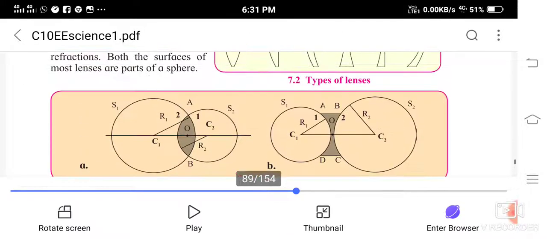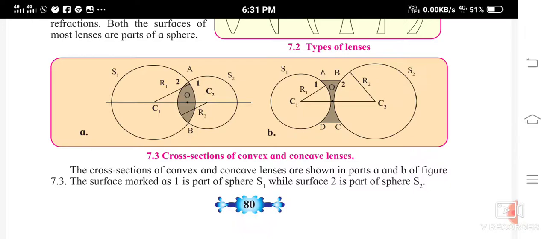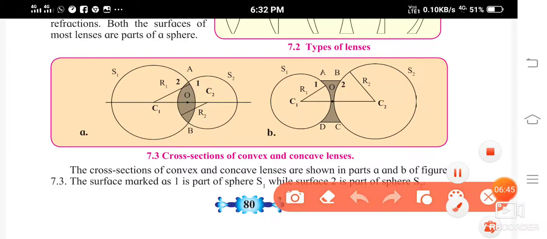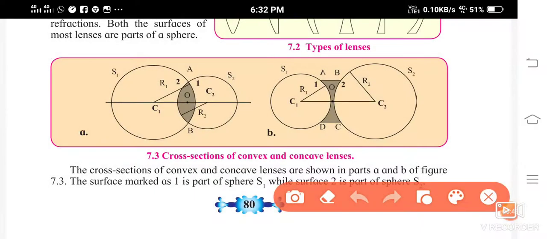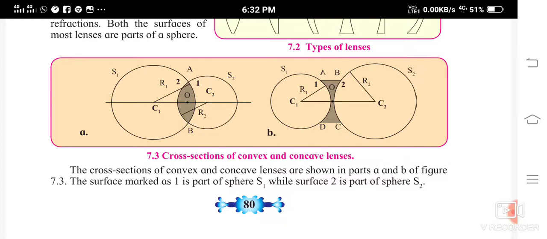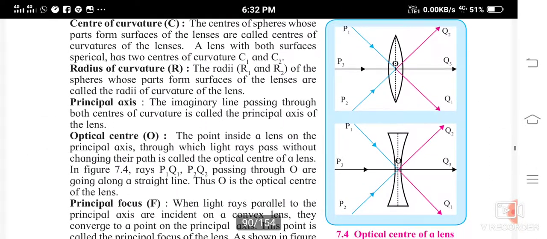Yes, you can see here there are 2 centers of curvature C1 and C2. So, the line which is joining, okay, see, the line which is joining this C1 and C2, that is this line, okay, that is called as the principal axis.